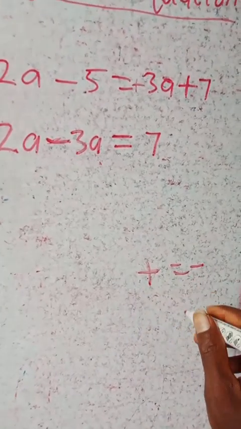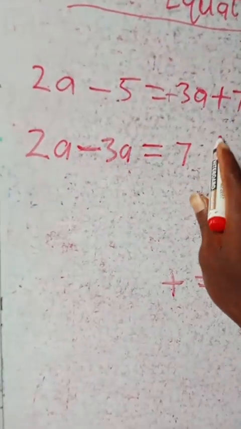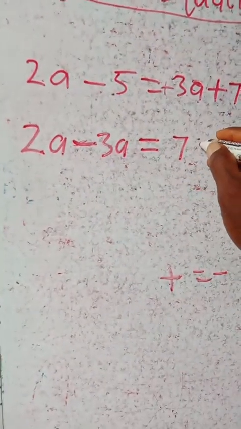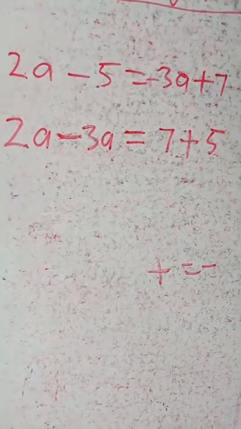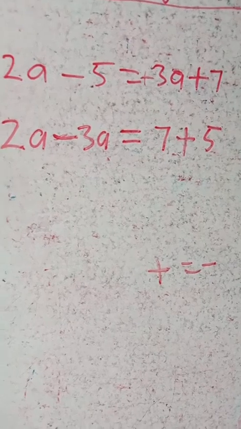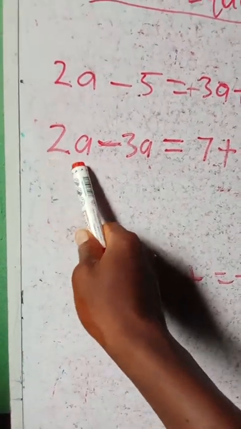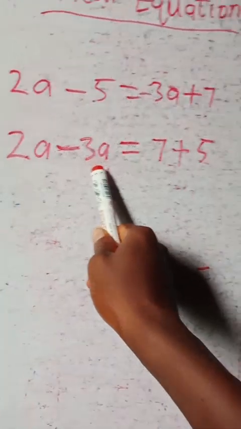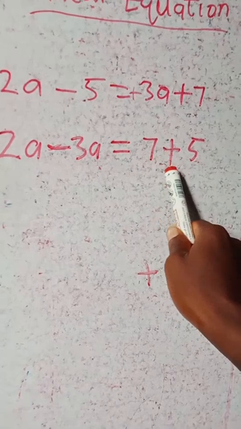So that is the rule. Minus 5 crossing to this other side will be plus 5. Are you seeing it? So now we have 2a minus 3a is equal to 7 plus 5.